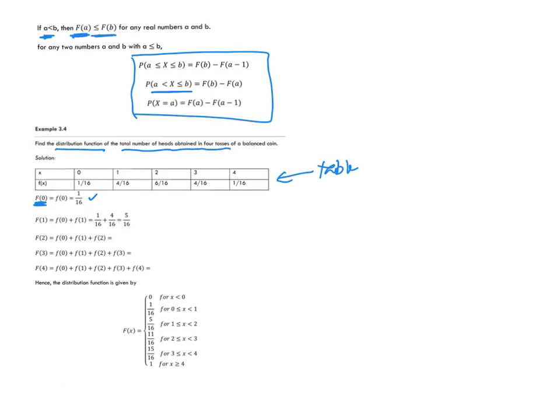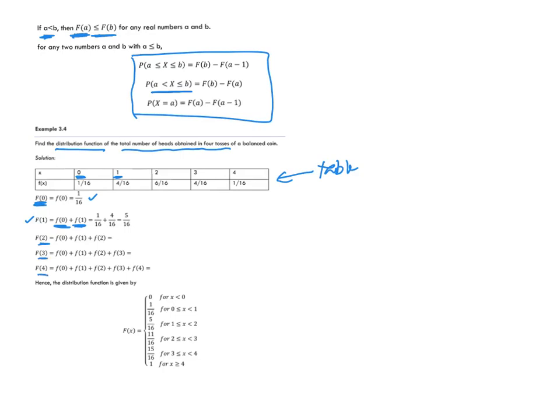But if you are going to calculate the cumulative distribution function of x equals 1, since the lowest is 0 and the next number is 1, you need to cumulate the values. So you add the probability when x equals 0 to the probability when x equals 1. Since x equals 0 is 1 over 16 and x equals 1 is 4 over 16, the value is 5 over 16.